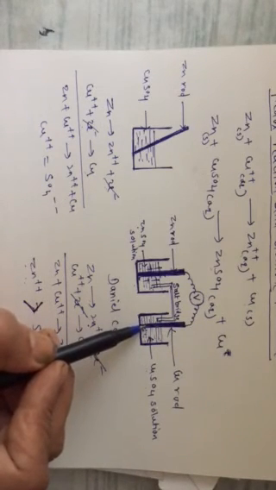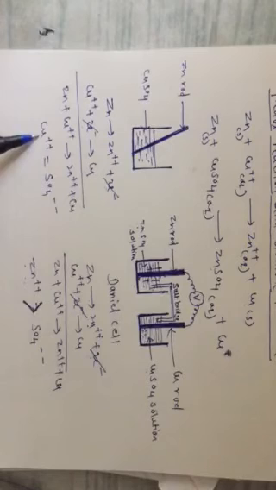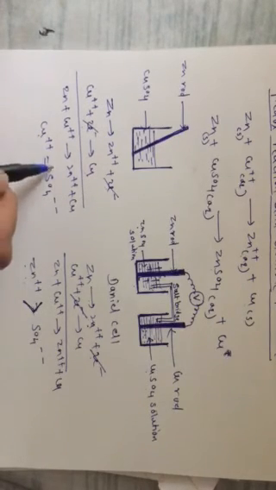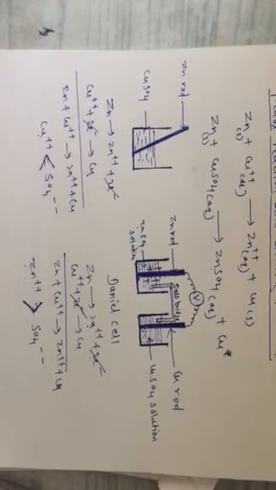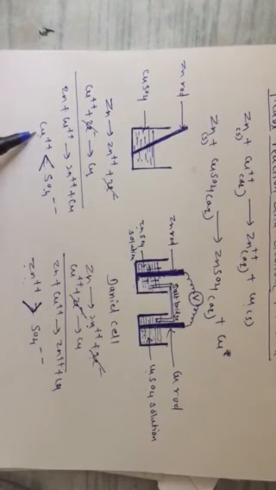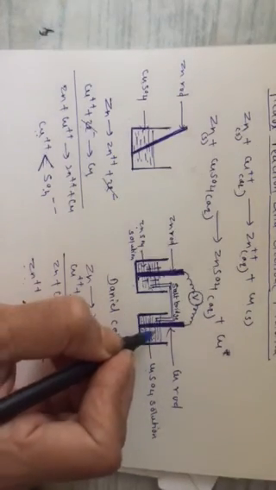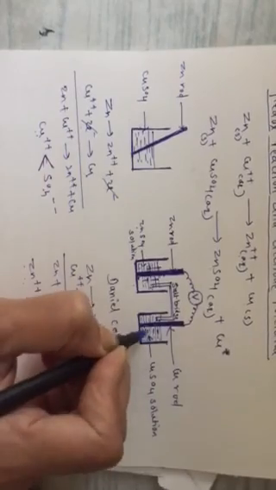So in short, Cu2+ ions will become less and less. The concentration of SO4 2− ions is naturally more as compared to Cu2+ ions. So negative charge is going to develop in the solution.